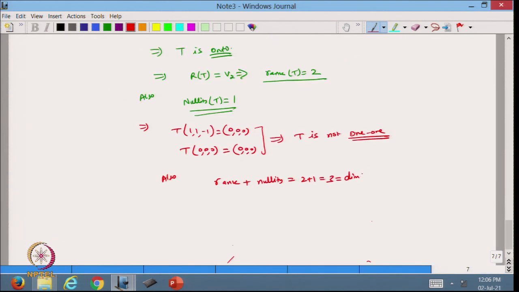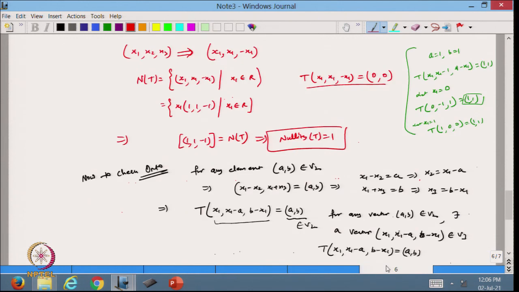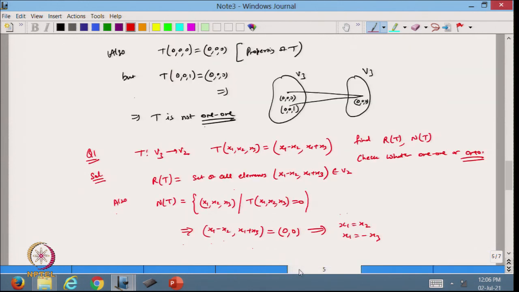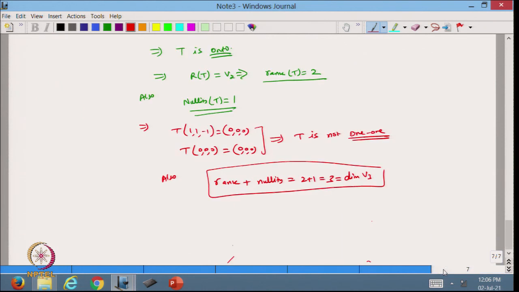So, there is a relation coming up between the rank, the nullity and the dimension of the space U from where we are defining this linear transformation. So, this way we can find out whether the linear transformation is one-one or onto, or define the range space and the nullity of the given transformation.